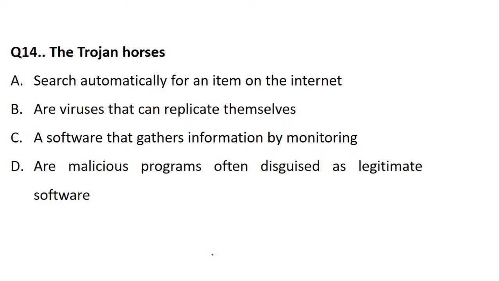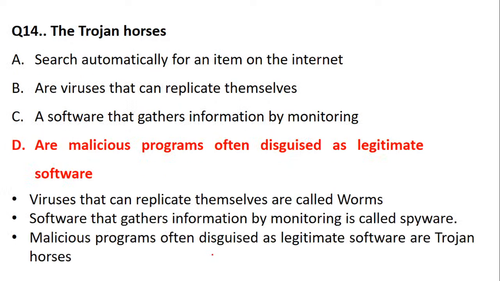On viruses I have also done a session. Okay, B and D are coming, and some are confused. Basically, it is a malicious program which is disguised as legitimate software. The viruses that can replicate themselves, which those saying option B chose, are called worms.